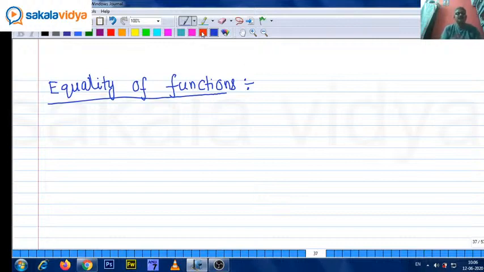Right, now, so all into functions are not equal.